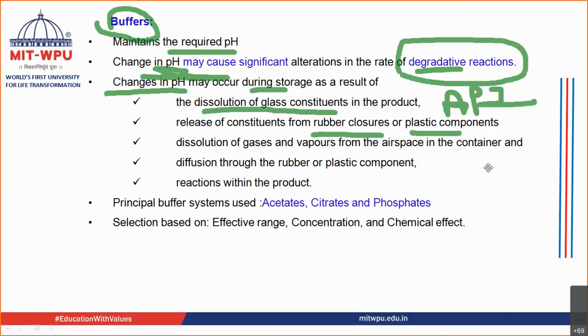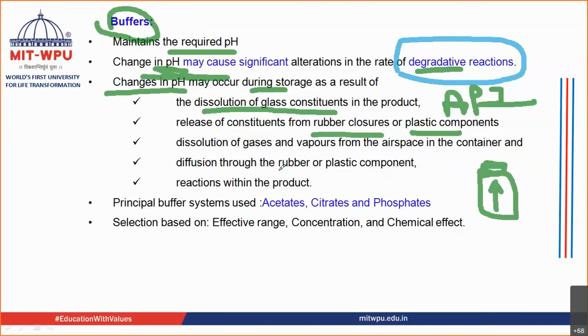Sometimes it is packed in plastic, so it may be because of the plastic components. It may also be because of the rubber closure. So you have a rubber closure over here on the top. The preparation comes in contact with the rubber closure, and the constituents of the rubber closure may also change the pH of your formulation, right? And if the change in pH of the formulation happens, then degradative reactions may take place, right? That's why you have buffers.